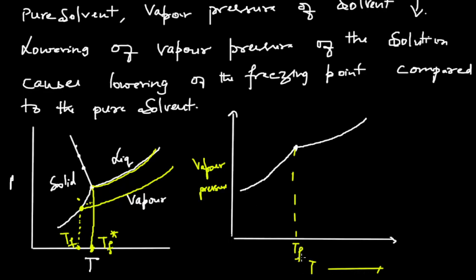Now when you add a solute, the vapor pressure decreases and therefore meets the solid curve slightly low at a lower temperature. So this is your new freezing temperature. So this much is the depression in the freezing point that has occurred.